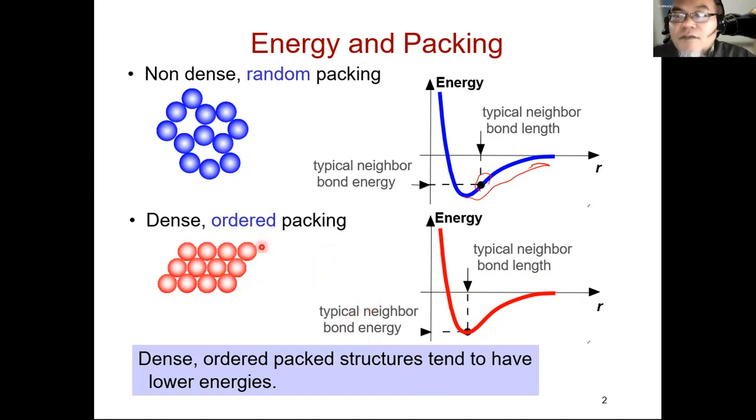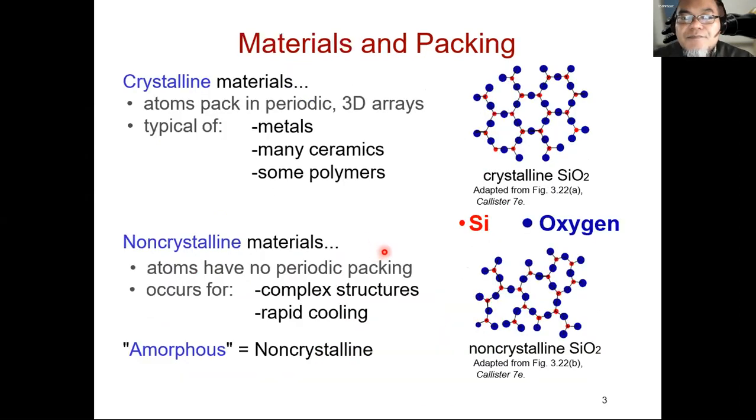When you push further, for example when you compress, the distance gets smaller, then the repulsive forces start to occur. So dense ordered packed structures tend to have lower energies. Lower energies here means more stable. In crystalline materials, atoms pack in a periodic three-dimensional array, as I explained in the previous chapter.